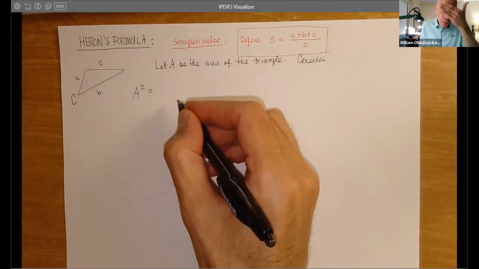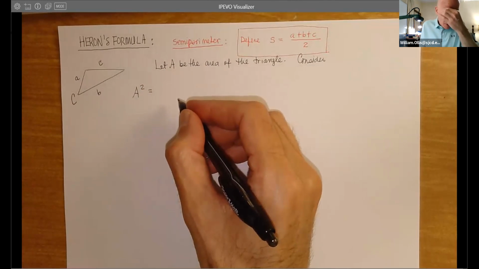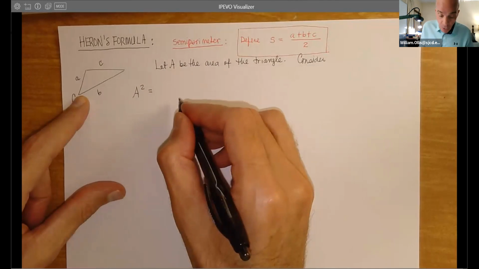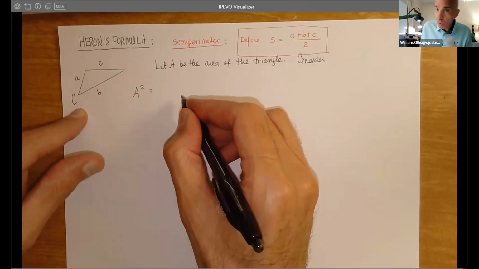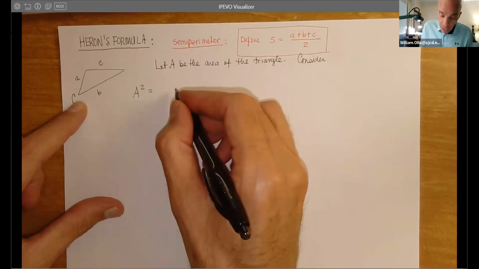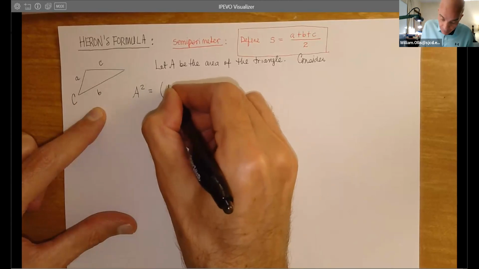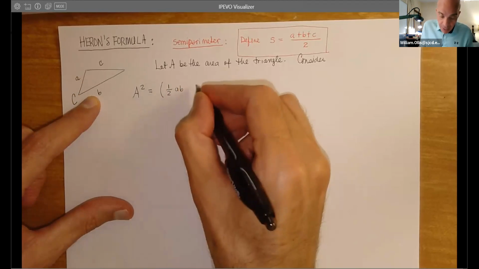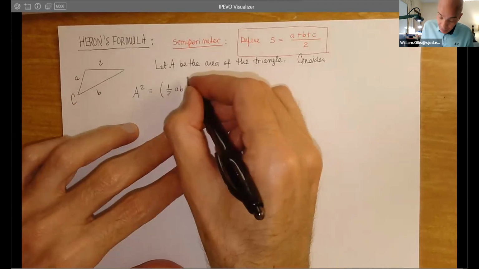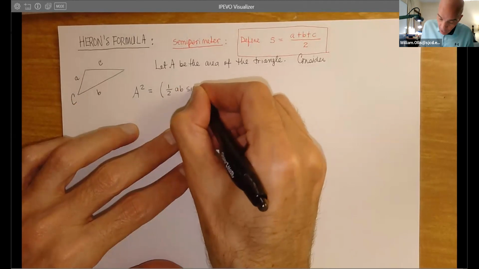Now we go to the formula that we have here for the area of the triangle, which again, we could pick any vertex you want. We'll just pick this one, doesn't matter. So we'll have 1/2 A times B, in this case, times the sine of the included angle.